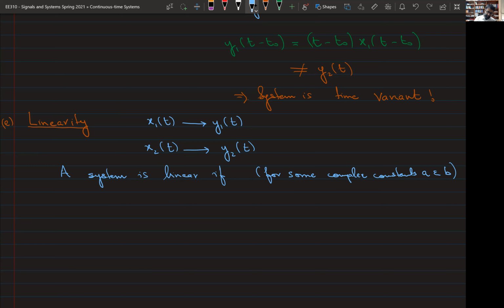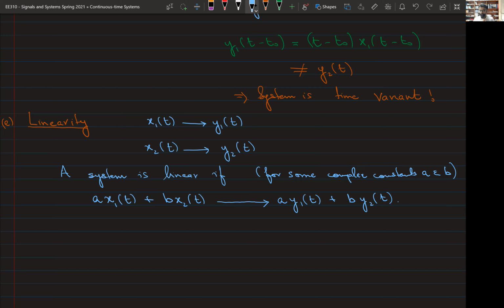If my input, instead of x1 and x2, is now a linear combination of x1 and x2, in other words, if my input is A times x1 of t plus B times x2 of t, a system is linear if this input results in an output which is A times y1 of t plus B times y2 of t. And it's called the superposition. The superposition of inputs results in a superposition of outputs as well.